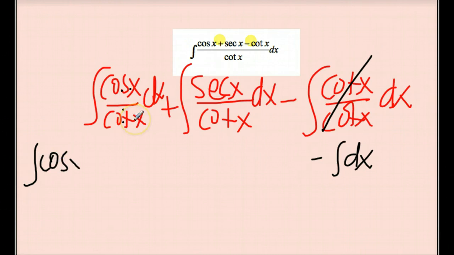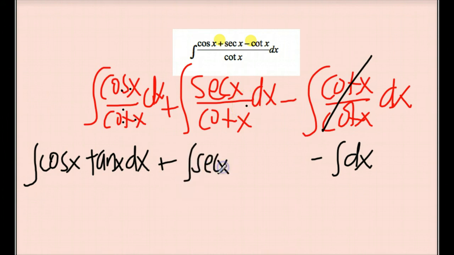When I have a cotangent in the bottom, we notice that's the same as a tangent on top. There's multiple ways to use these, right? Over here, I'm going to do the same switch. Secant of x, this denominator gives me a tangent of x at the top, dx, and then we have that right there. I have an integral for this, and I have an integral for this, but I still don't have an integral for this section right here.